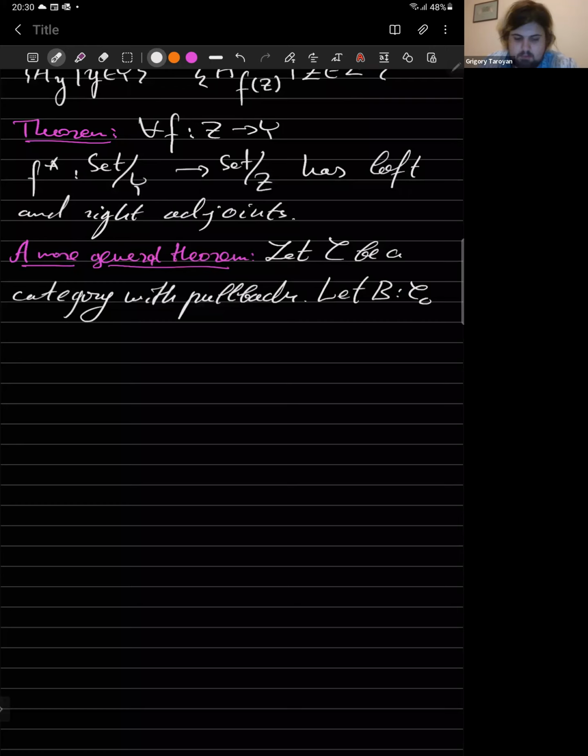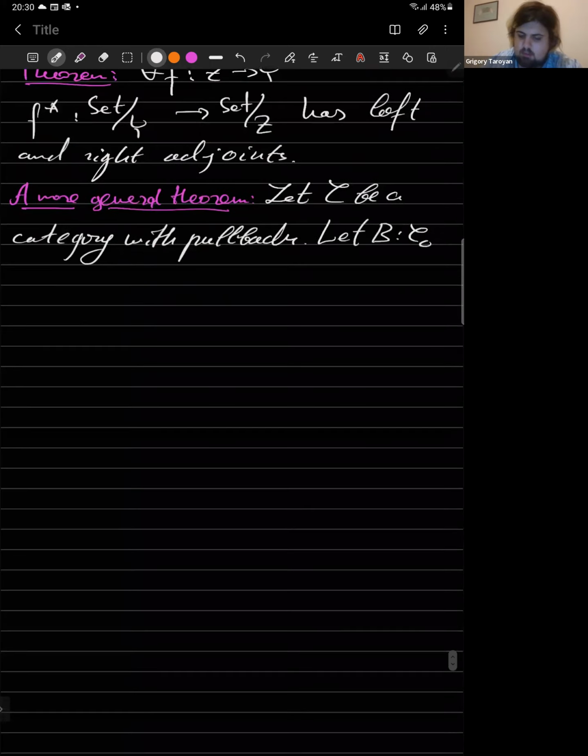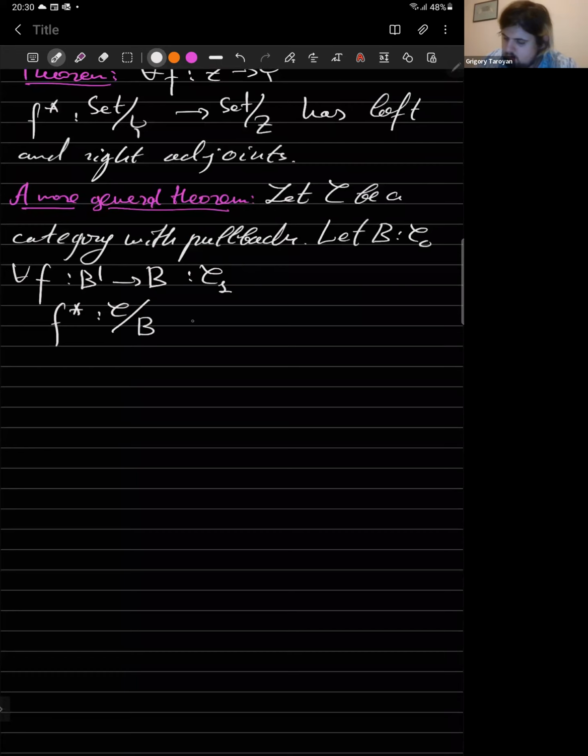Let B be an object in C, and consider a morphism from B prime to B. We have then a base change functor from C over B to C over B prime.